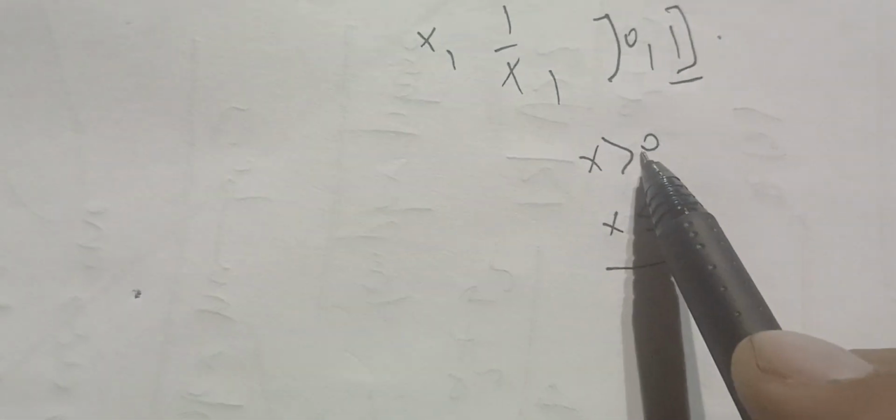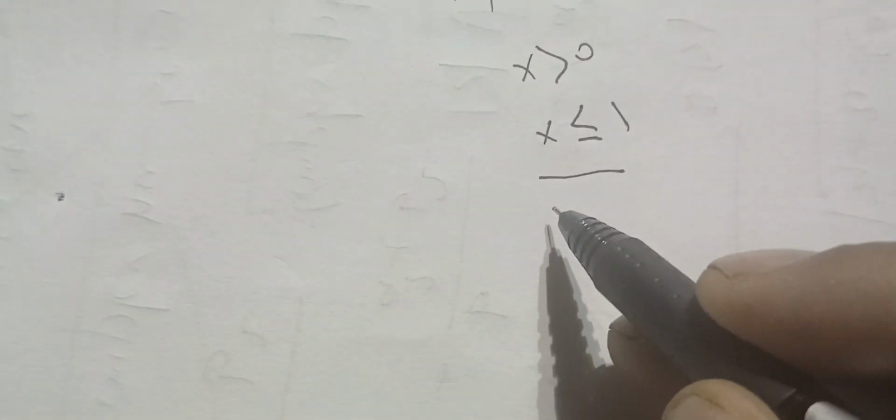In this case, x is different from 0 and it's positive. So we can divide both sides by x without affecting the order of these numbers. So we have x over x less than or equal to 1 over x.